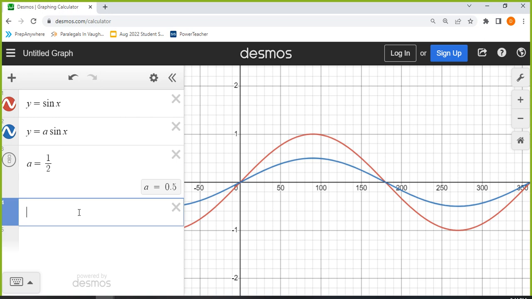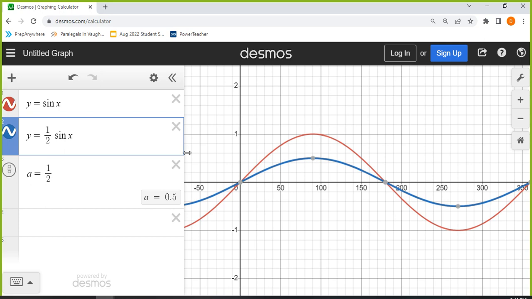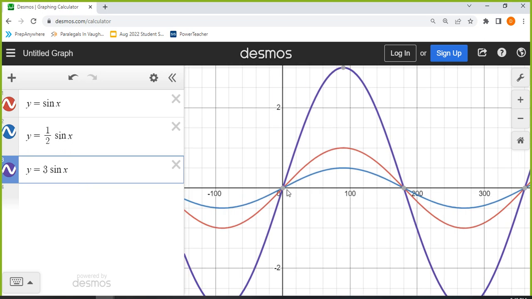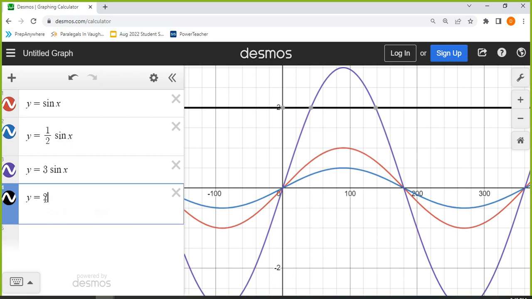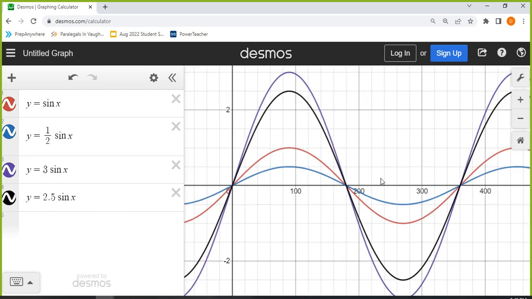In either instance, no matter what a values I pick, if I make it y equals 1/2 sin x, or perhaps y equals 3 sin x, or maybe y equals 2.5 sin x, doesn't matter, whichever one I pick, in either instance, the period of these graphs is always going to be the same.